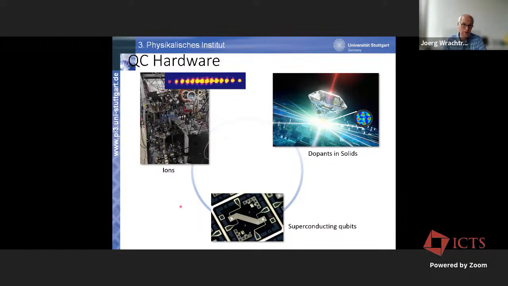To my mind, the best quantum processors these days are either atoms or ions, because they generate the highest fidelity large-scale entangled states. But what I will argue is that at least for certain applications, these dopants in solids, like for example these defect centers in diamonds, may find application in the global race for optimum quantum processors. And I would like to share these arguments with you.